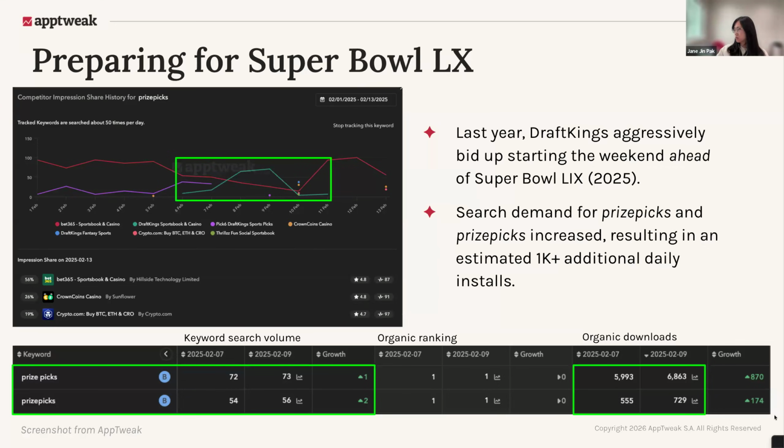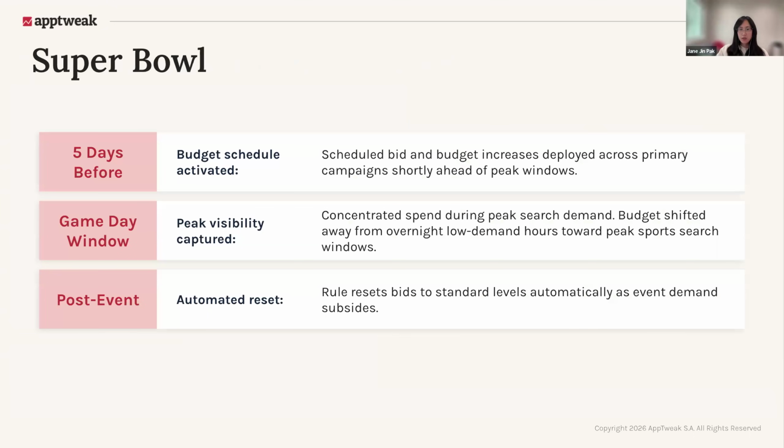Sorry, I should have gone to this slide when I was explaining that. Five days before, we implemented a budget schedule with a game day window. This is going to be a huge day, probably the most concentrated spend during that 3 to 5 days. Then post Super Bowl, we reset everything to our normal bids.